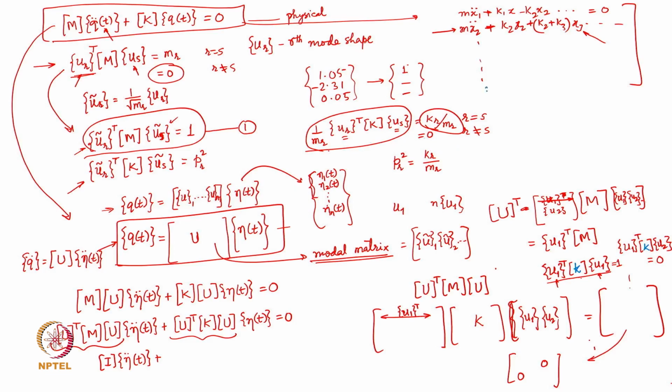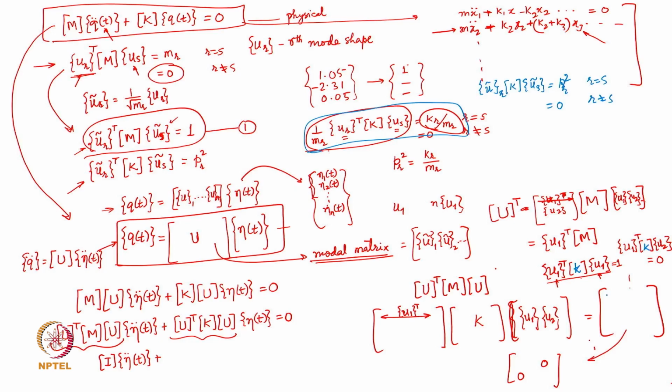U tilde, that means the mass normalized modal vector, when you multiply it with K, what do you get? Pr square when R is equal to S, and 0 when R is not equal to S. You got that, right? When they are mass normalized, the product gives you Pr square.